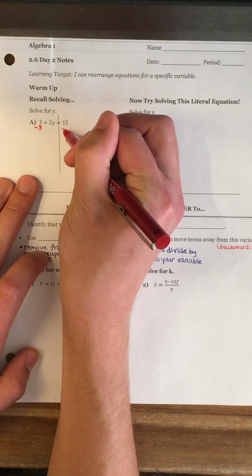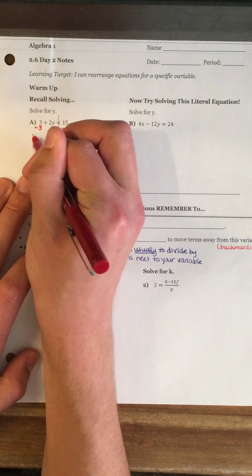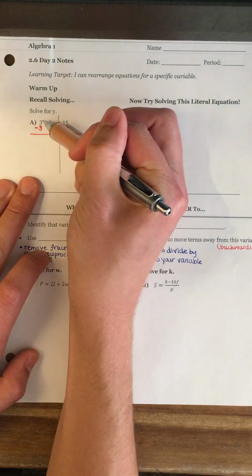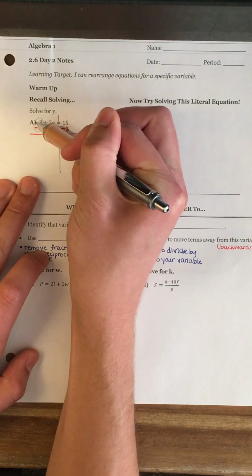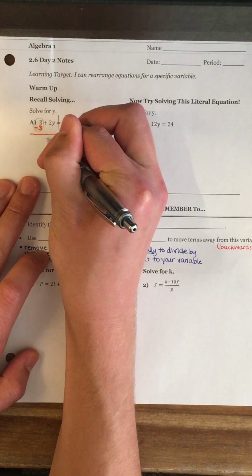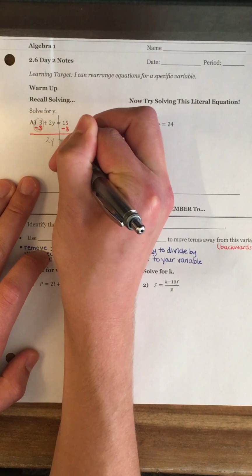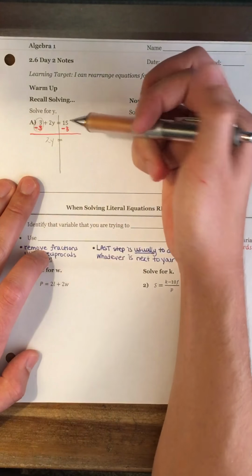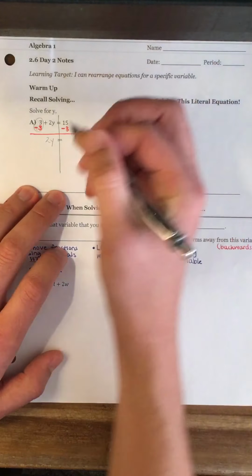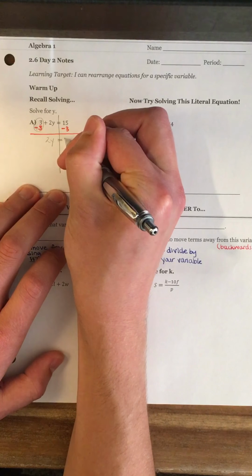If I subtract 3 on the left, I have to subtract 3 on the right. So on the left-hand side, 3 minus 3 just goes away. It's 0. And I'm left with a positive 2y on the left-hand side. And that's all equal to, on the right-hand side, I have 15, but then I also had to take away 3 to balance my equation. Well, 15 minus 3 is 12.